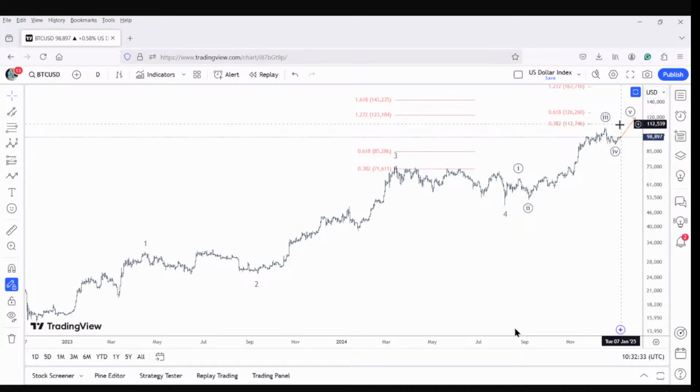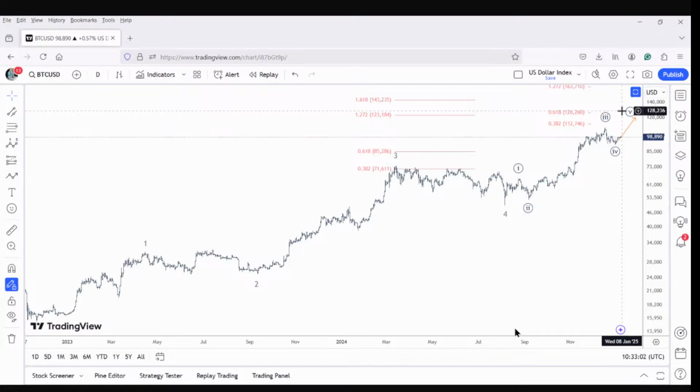I would say anything above 115 should be considered a bonus, and you might want to say thank you very much and take your profits out and wait for a turn from around the 120s and 125s. I think that should be the entire rally which started from around November 2022, from the 15,000 mark.